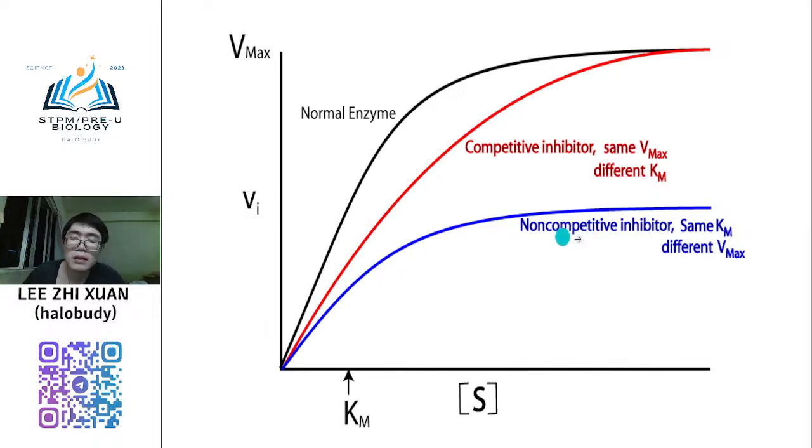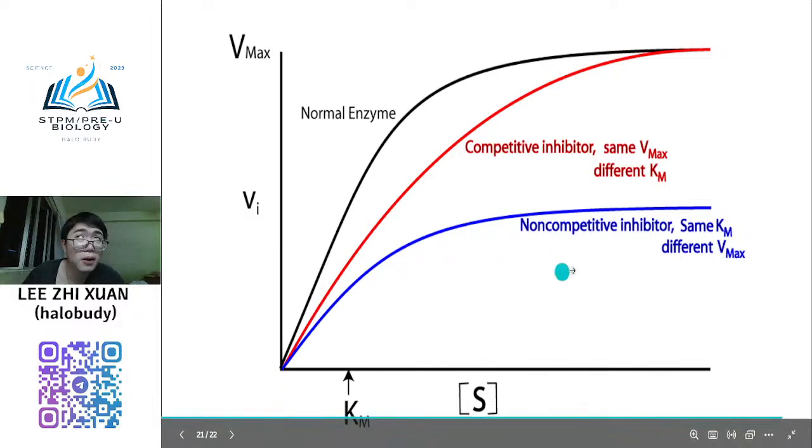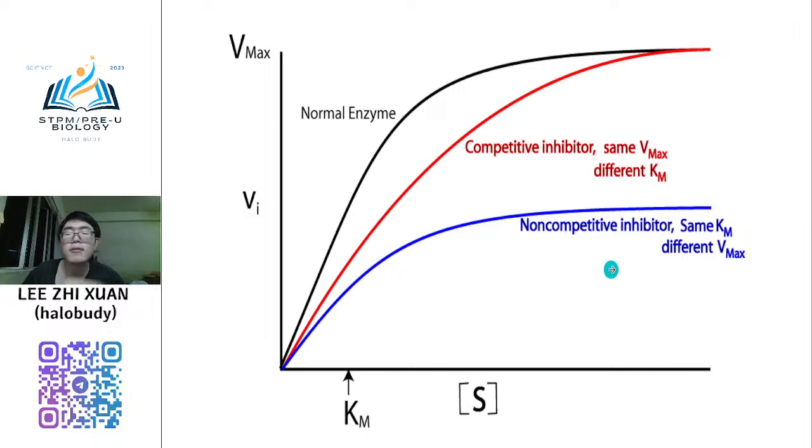But for the non-competitive inhibitor, when there are 20 non-competitive inhibitors in the solution, those 20 enzymes cannot work anymore. Although the non-competitive inhibitor is released from the allosteric site, the enzyme definitely cannot work because it is irreversible.